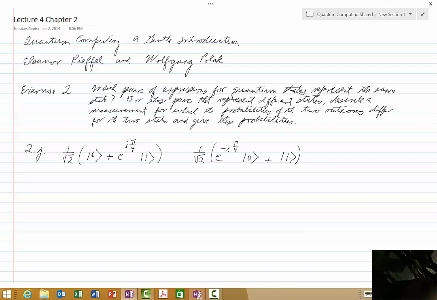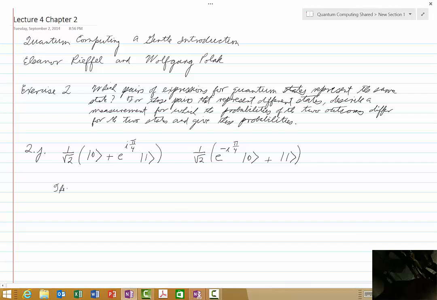And keep in mind here that the first part of the question says, which pairs of expressions for quantum states represent the same state? And this is actually one of those cases.